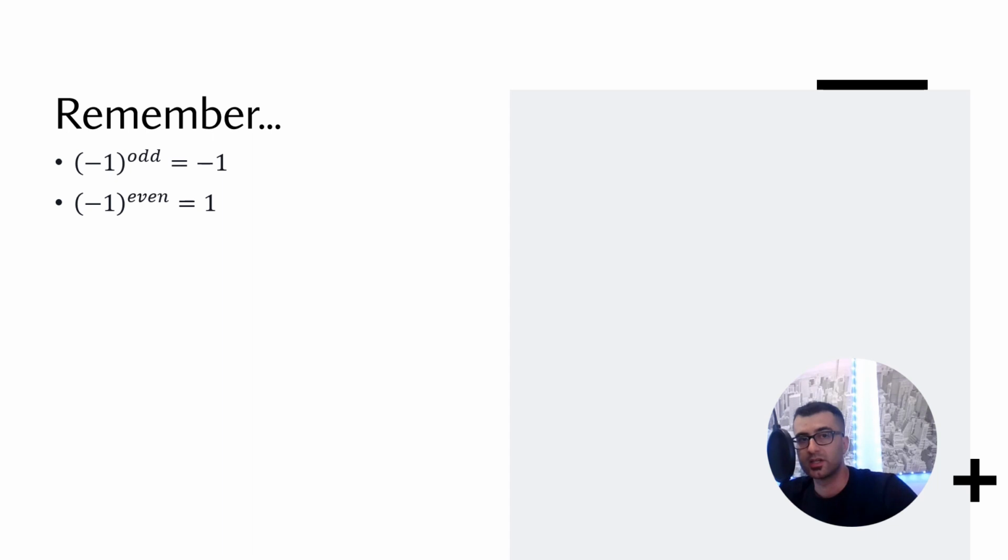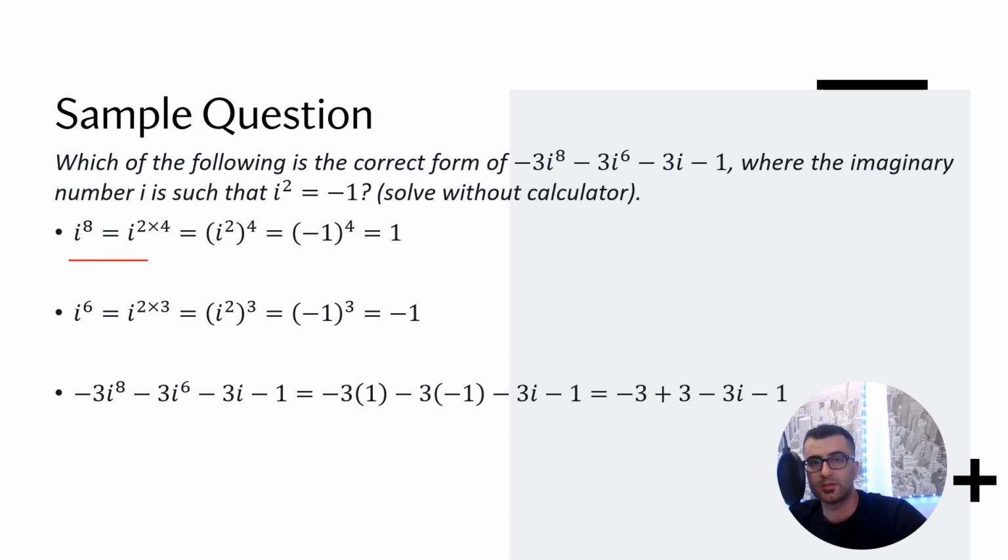If it's odd, the result is going to be minus 1, and if it's even, it's going to be 1. That's helpful with this question because we have broken down the term into simpler terms. So remember, minus 1 to the power of 4 is going to be 1, and minus 1 to the power of 3 is going to be minus 1.